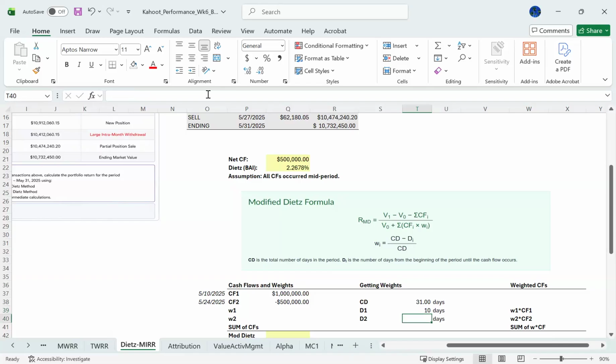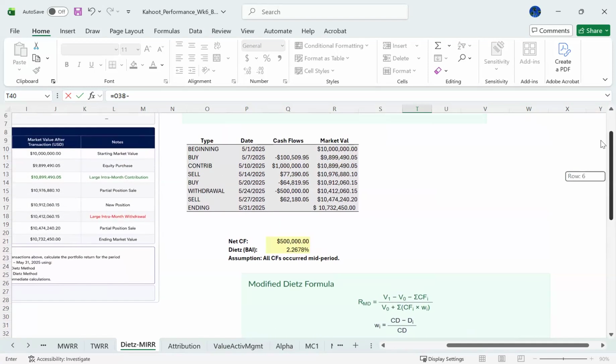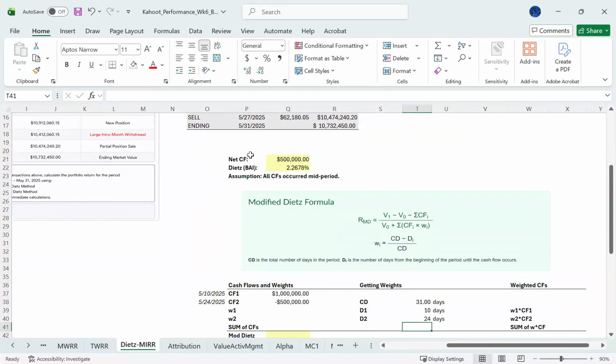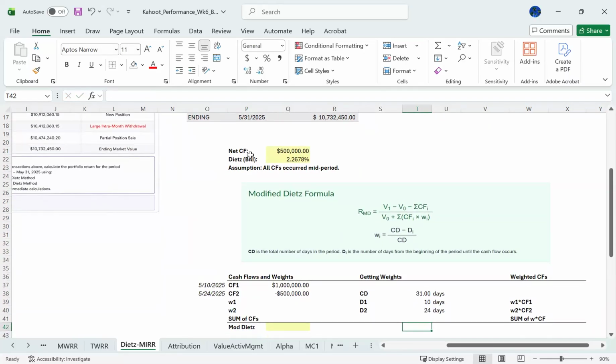Now, what about D2? D2 is the number of days in which cash flow 2 was received. I'm going to do the same. May 24th, I have the date right here in which this cash flow was received. We also have it up here, minus the first day, and then plus one to keep the same logic.